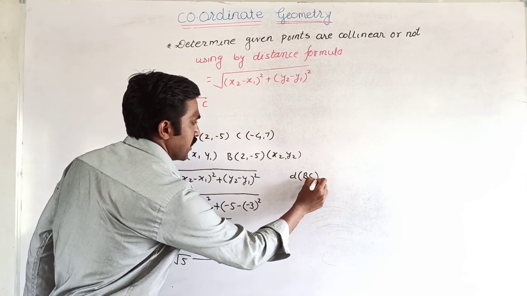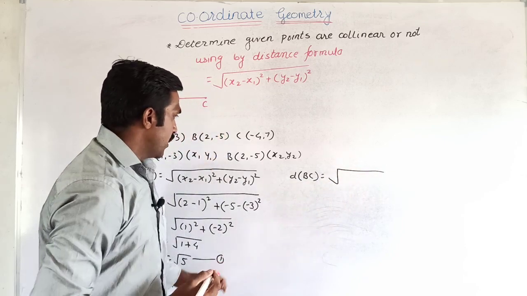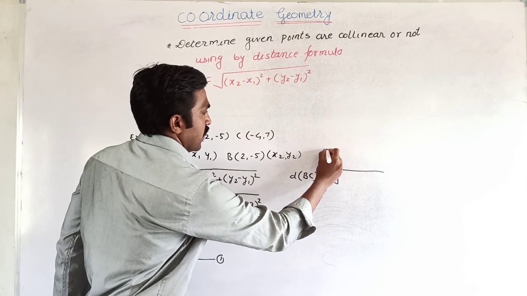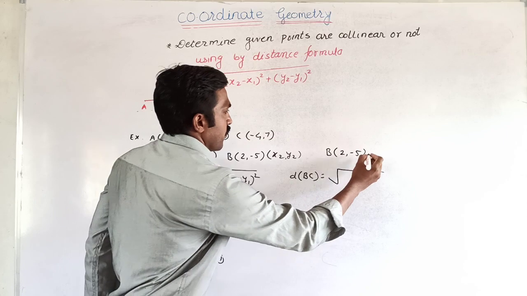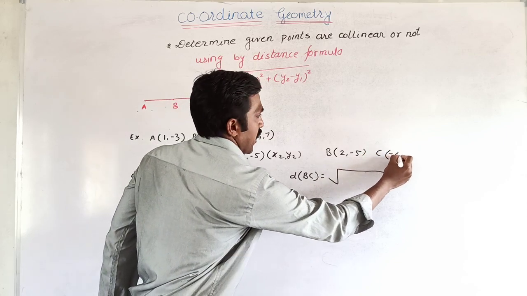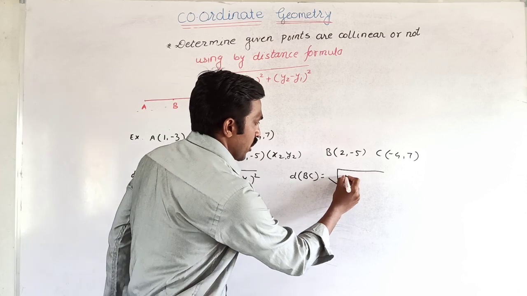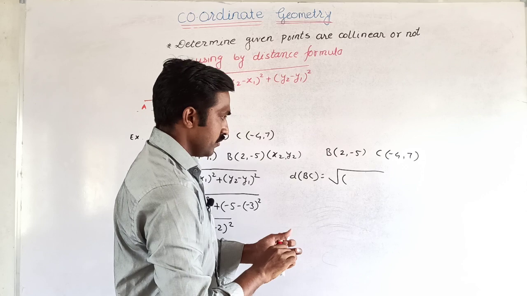Now calculate the distance between BC by using the formula. For BC, the value of x1, y1 is 2, minus 5, and point C is 4, 7. Put here the values of x1 y1 x2 y2.